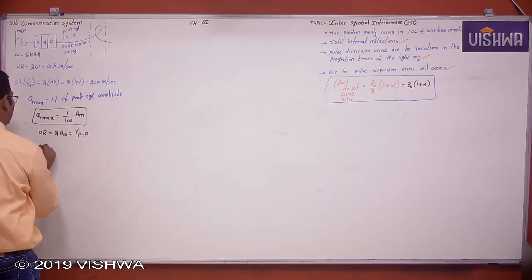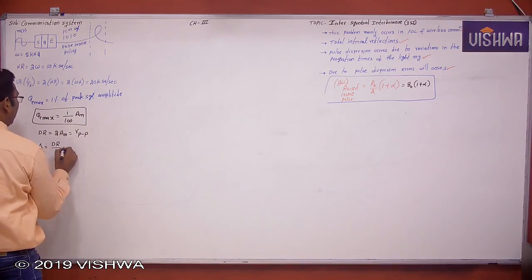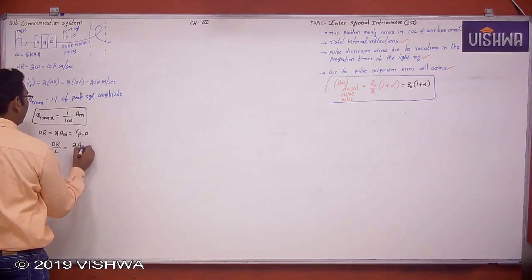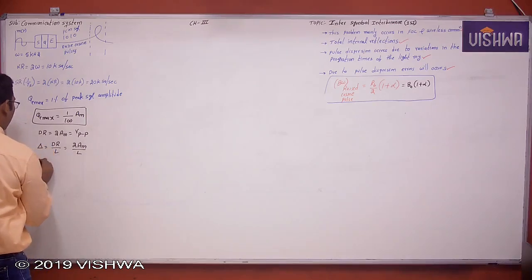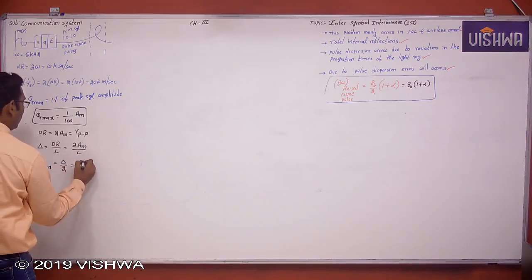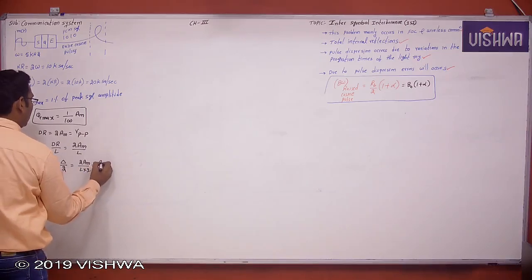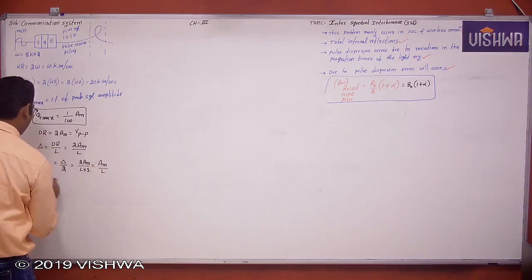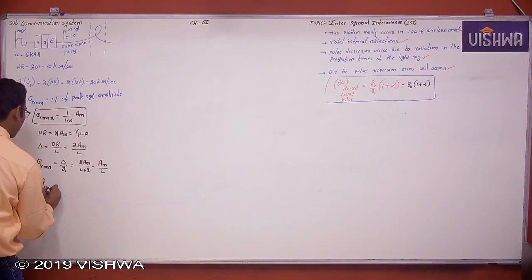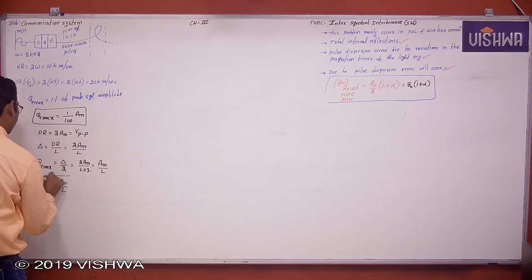Now the step size is the dynamic range by L, which is 2 Am by L, and the maximum quantization error, which is delta by 2, is equal to 2 Am by L into 2, which is equal to Am by L.